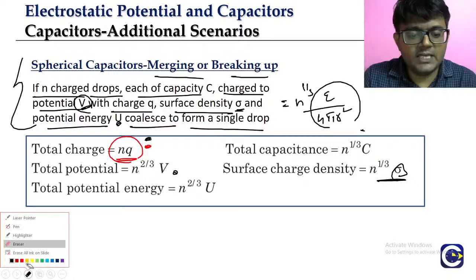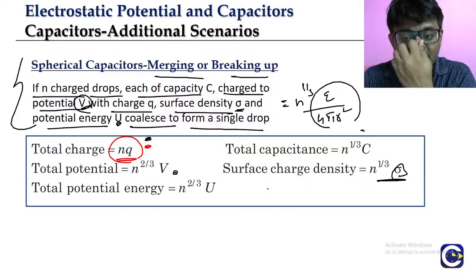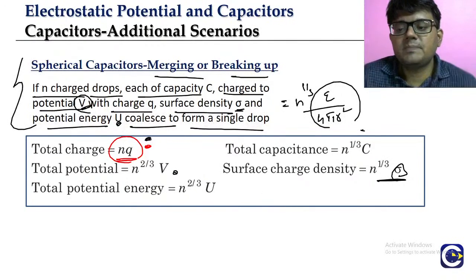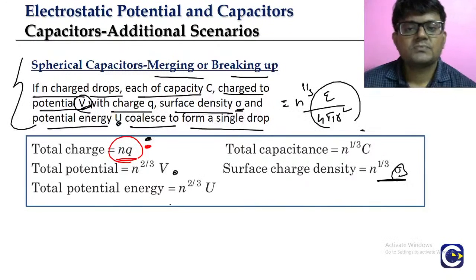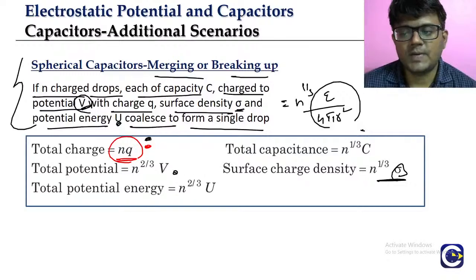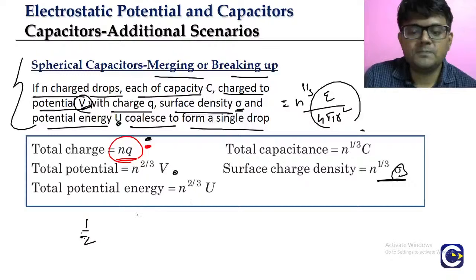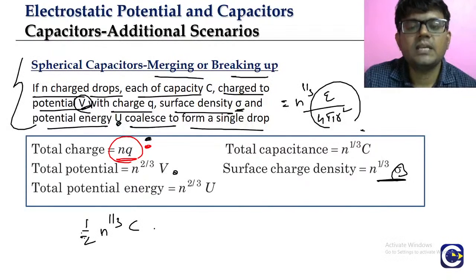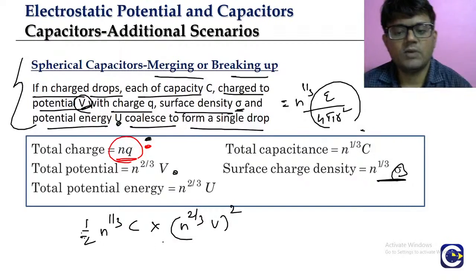Okay, the final result: total potential energy. What is the potential energy? In the formula we can use half capacitance into potential square. Can we use this formula? So half, capacitance is n power 1 by 3 c, into potential square.